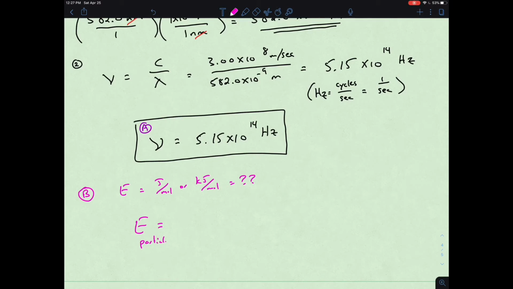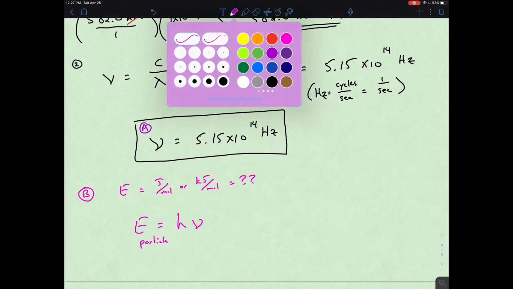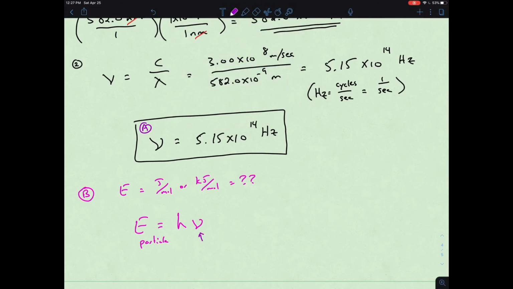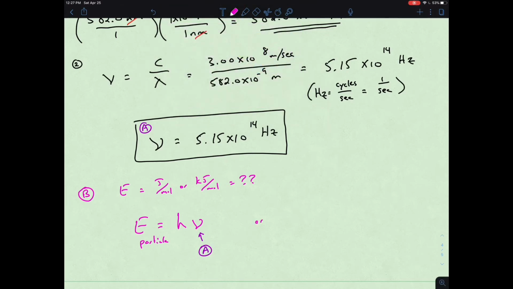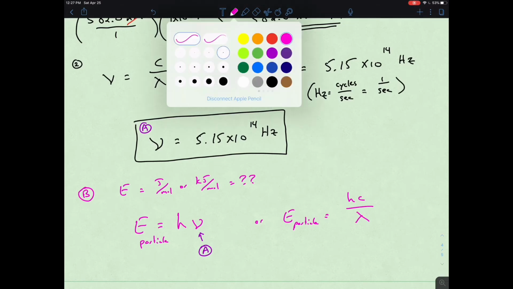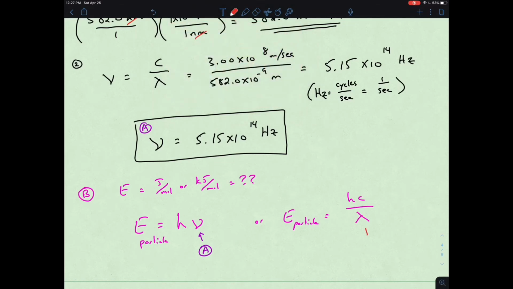energy of the particle is equal to Planck's constant times frequency. We just got that frequency in part A. Or, to be honest, you could use hc over lambda, where lambda is already given in the question.